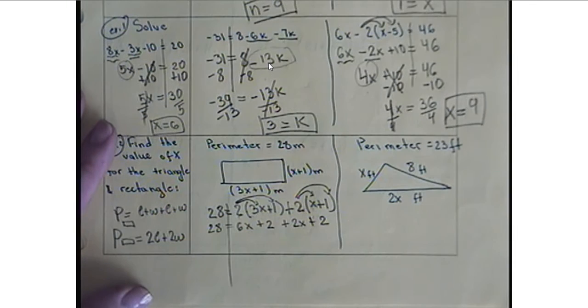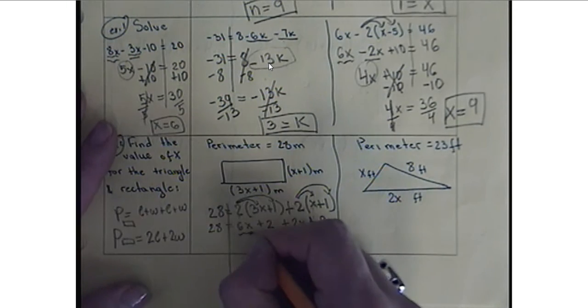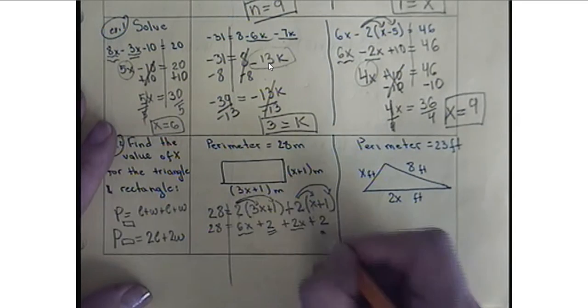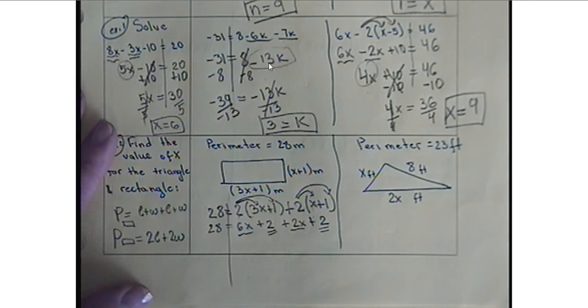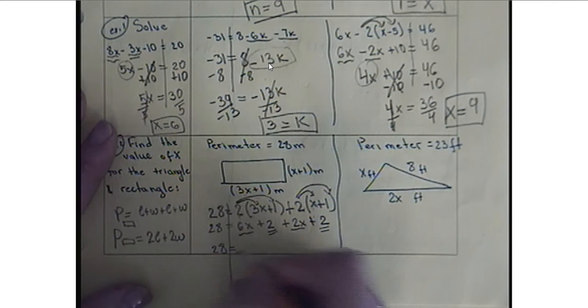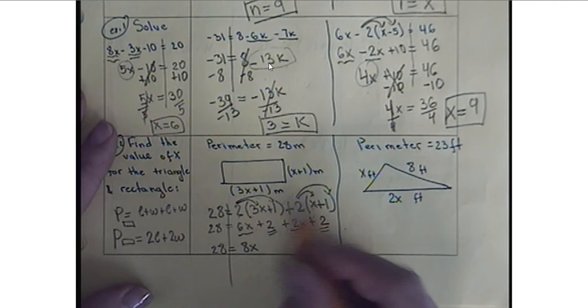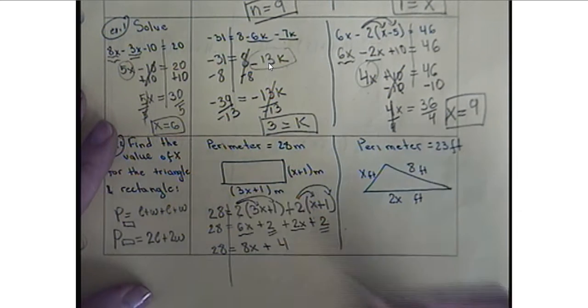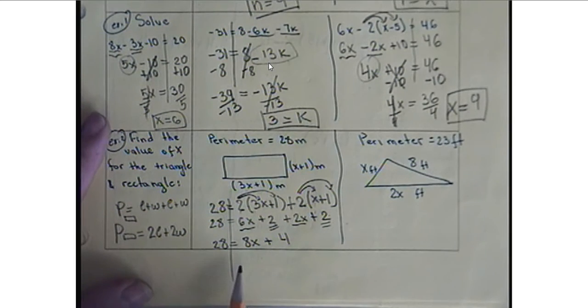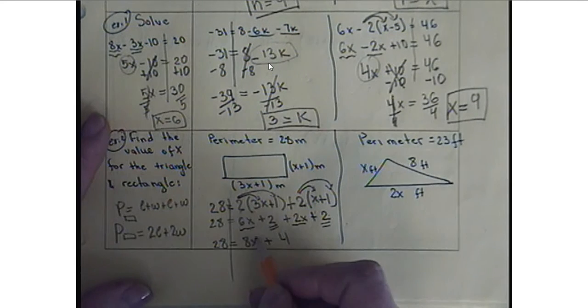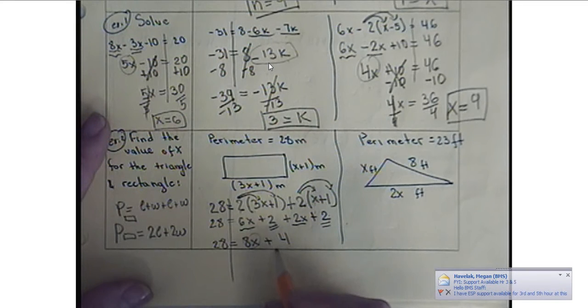Okay, next step will be to combine like terms. So those two are like terms and those two are also like terms. So 28 is equal to 6x plus 2x is 8x, and then 2 plus 2 is plus 4. Okay, we're simplifying the equation, it's getting a much simpler form now. We're saving 8x, we want to move 4 first, or cancel 4 first.